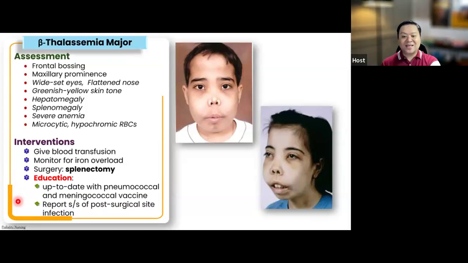If there's any redness, edema, drainage, a change in the odor of the wound, or a spike in the white blood cell count in the laboratory, we want to make sure that this is reported to the physician right away to address possible infection, followed by treatment with antibiotics, with blood cultures before initiating the antibiotics. And so that's pretty much it about beta thalassemia major.